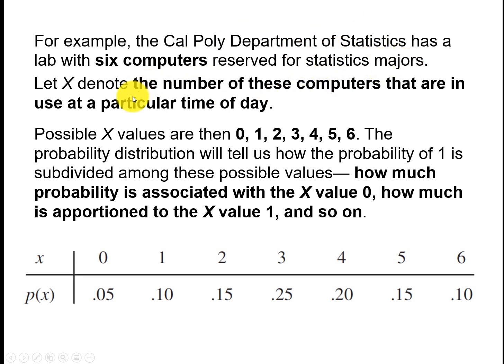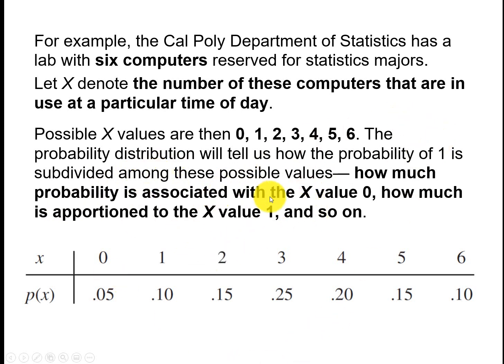X denotes the number of these computers that are in use at a particular time of day, and the possible X values are 0, 1, 2, 3, 4, 5, and 6. And the probability distribution will tell us how the probability of 1 is subdivided among these possible values, and how much probability is associated with the X value 0, 1, and so on.